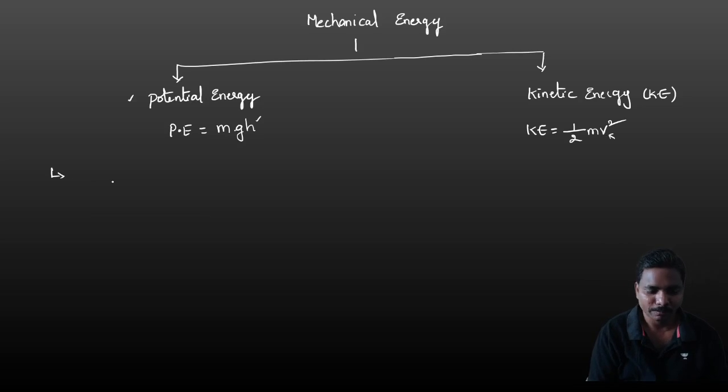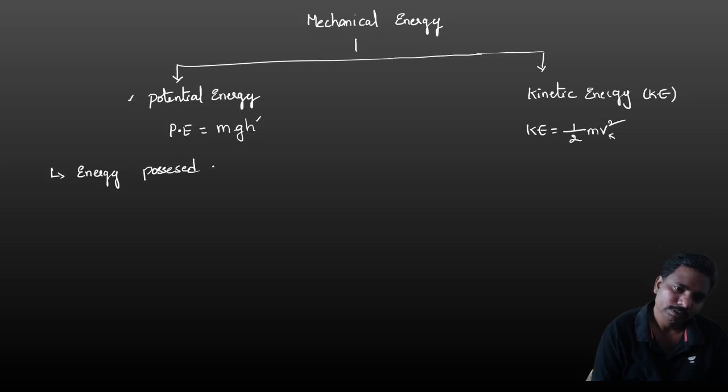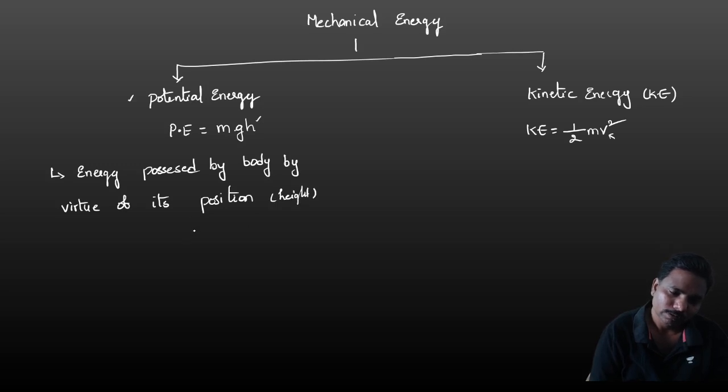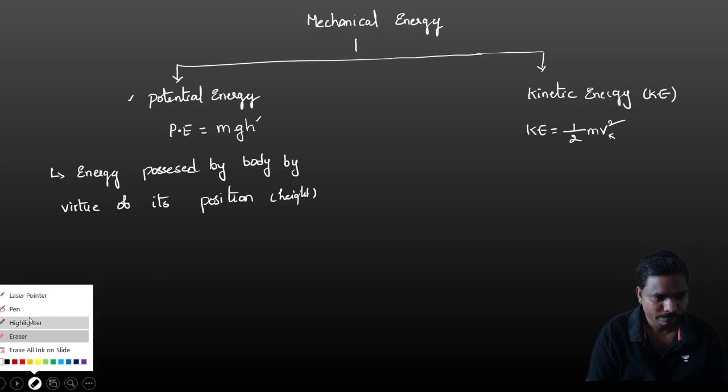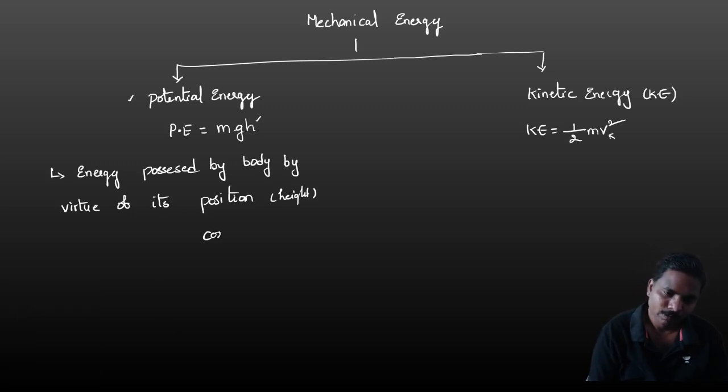Okay, so note down here, what is the potential energy? It is the energy possessed by a body by virtue of its position, that is nothing but due to height, position, configuration or elasticity, that is, you can say strain.